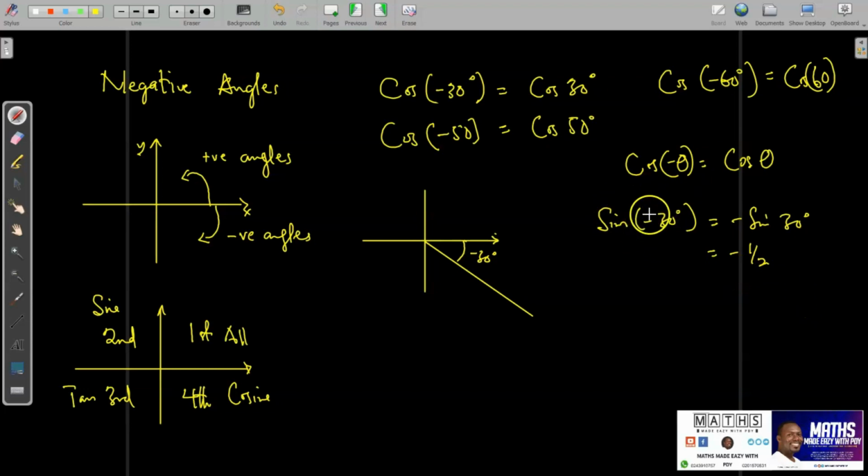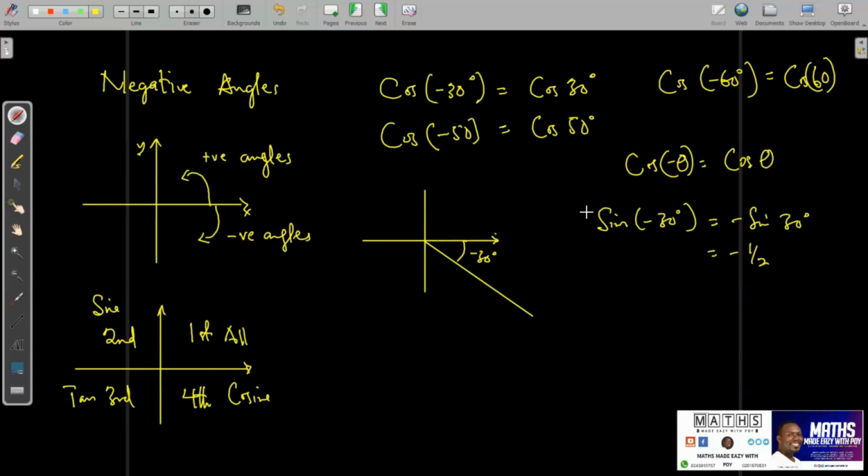Again, we are talking about negative angles, and negative angles are read from the positive x-axis in the clockwise direction. So if you have any angle lying within the fourth quadrant, if you find cos of it, it becomes positive altogether.